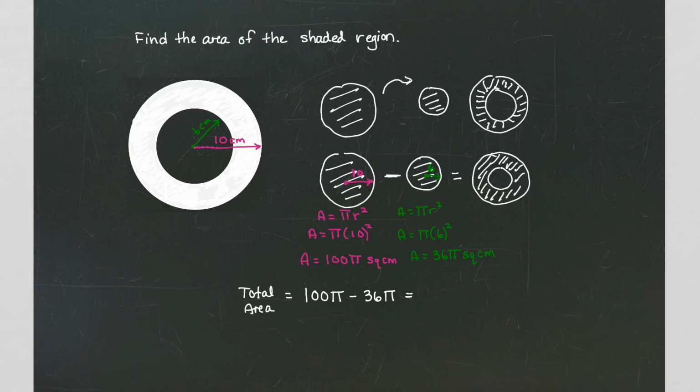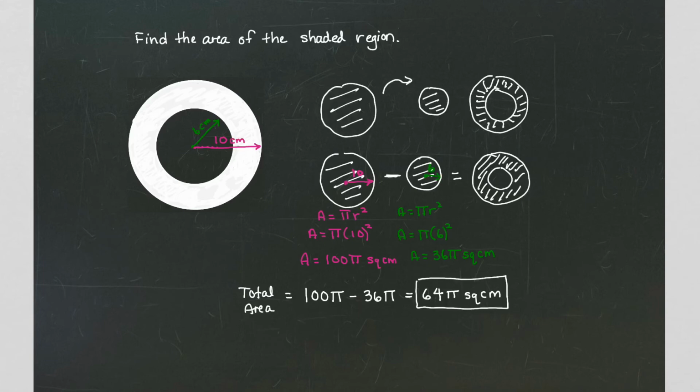And 100 pi minus 36 pi, because they're like expressions, I can subtract to get 64 pi square centimeters. That's the exact area for that shaded region: the outside circle minus the area of the inside circle.